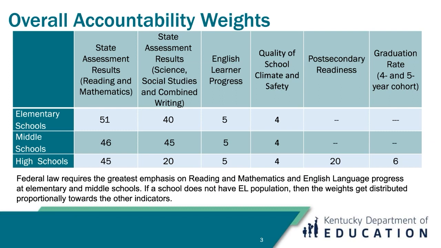For that, federal law requires the great emphasis on reading and mathematics in our English language progress at elementary and middle school. And if you do not have an EL population, then the weight gets proportionally distributed toward the other indicators. And so that 5% would go toward the other indicators that you have available.